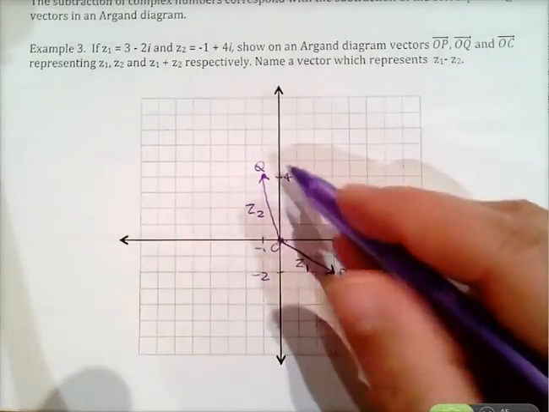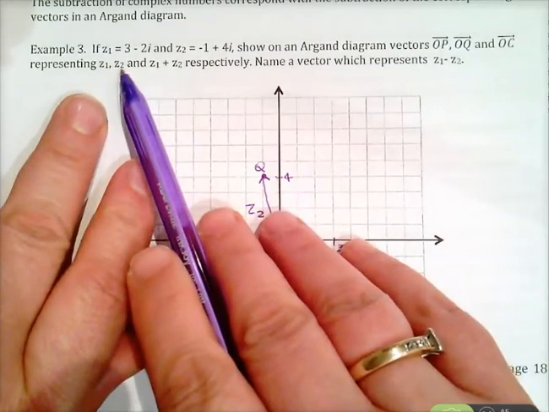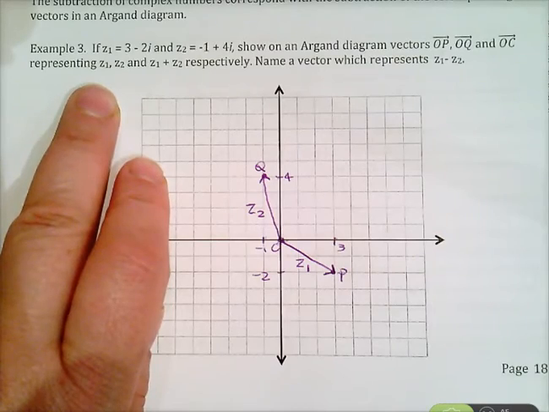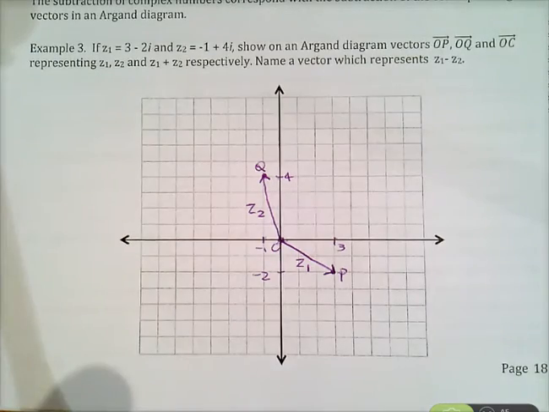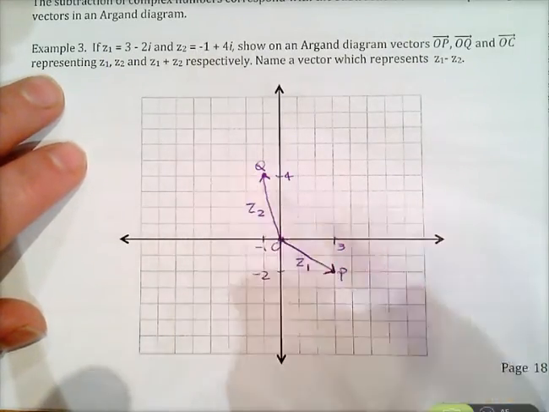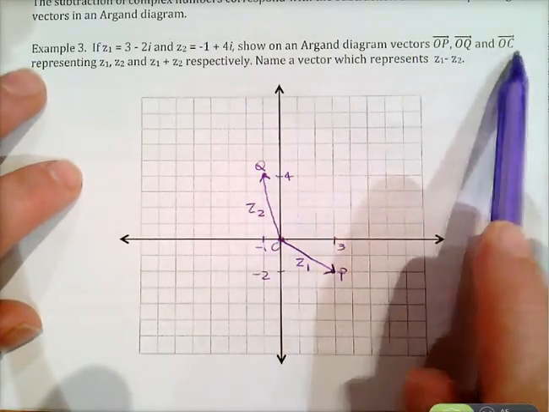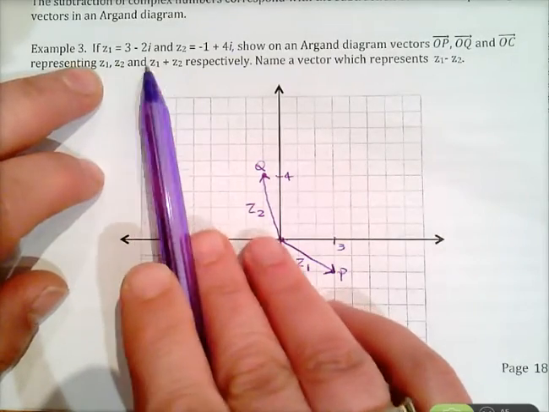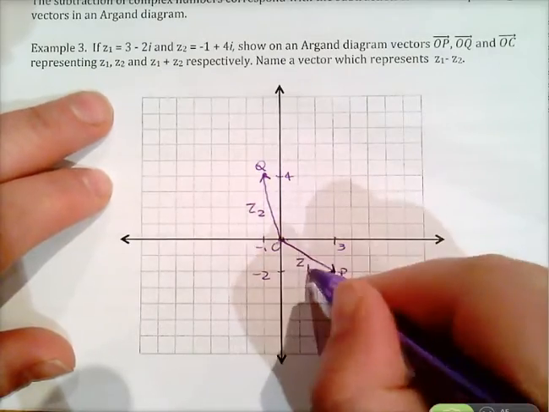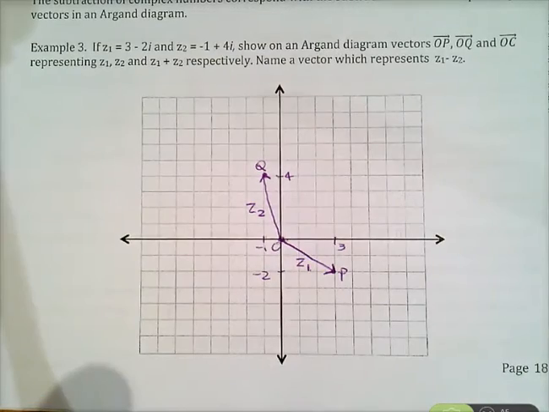And OC represents Z1 plus Z2. So if Z1 is 3 minus 2i and Z2 is minus 1 plus 4i, show on an Argand diagram the vectors OP, OQ, and OC, which represent Z1, Z2, and Z1 plus Z2. So vector OP is Z1, vector OQ is Z2, and we have to represent Z1 plus Z2.